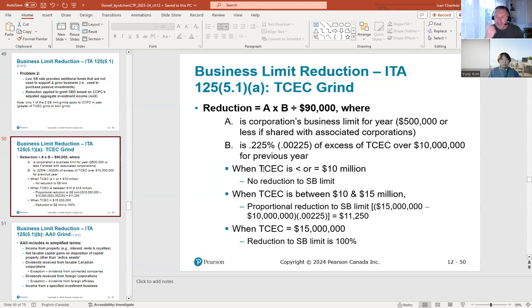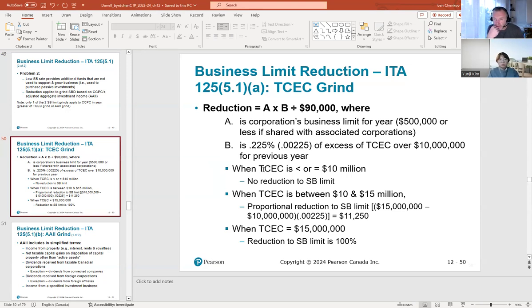So basically, they don't give a small business deduction for a corporation that has more than 10 million taxable capital employed in Canada. Make sense? Because they don't qualify for the small business.